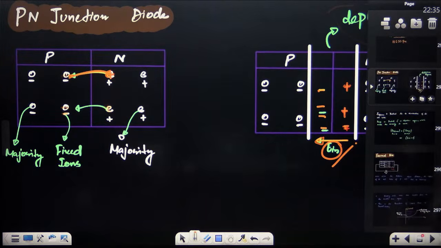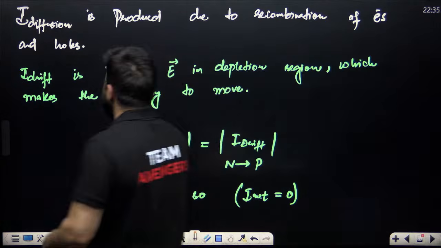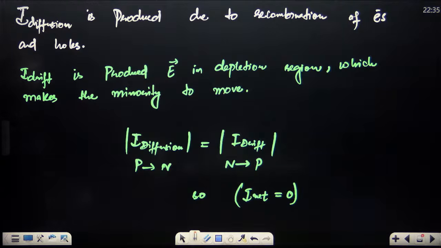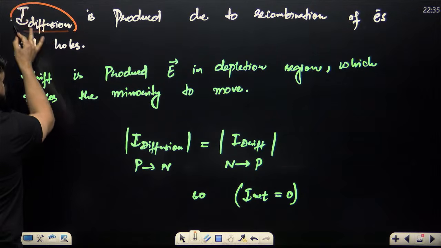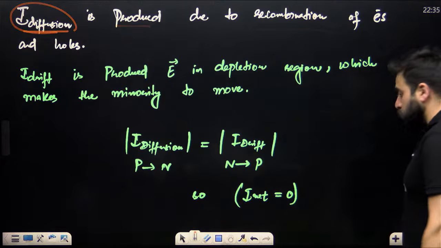Now, my dear NEET aspirants, in this particular case, diffusion current is produced due to the recombination of electrons and holes.